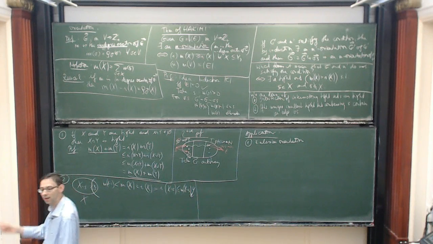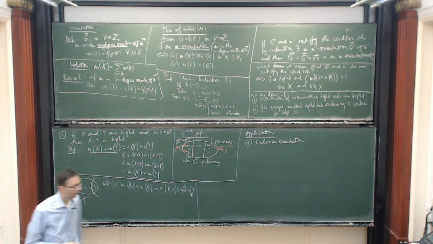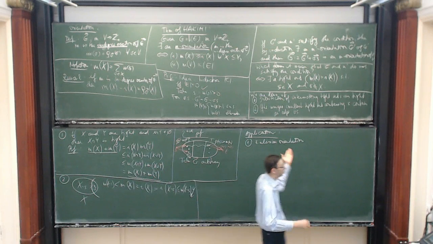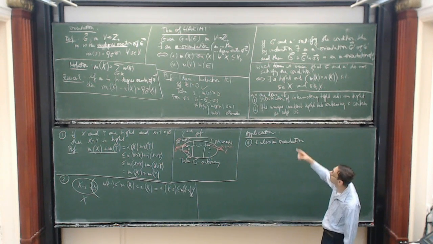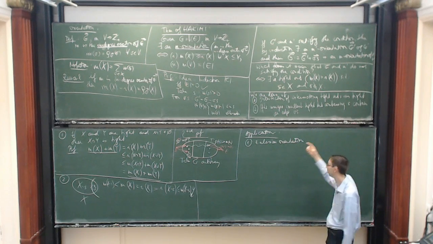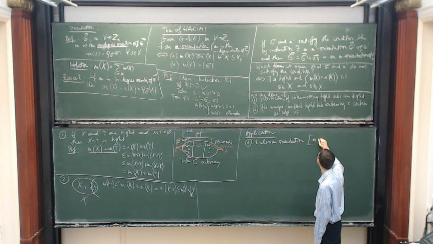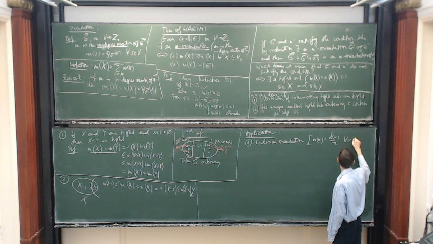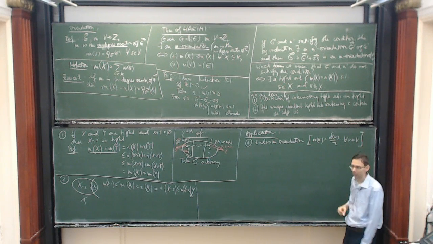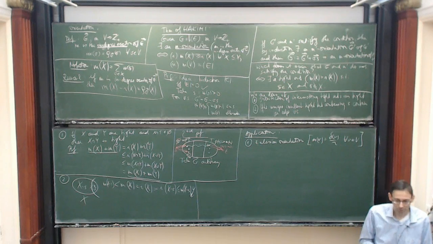The connectedness, I don't care about it. Okay, Eulerian orientation, you know what to do. If you want to find an Eulerian orientation, how to write it as an m-orientation, simply you have to define m(v) as the degree divided by 2 for every vertex. And then it will be an Eulerian orientation.